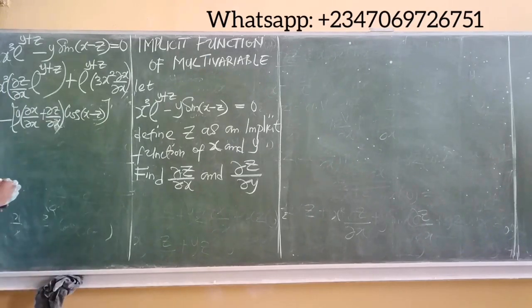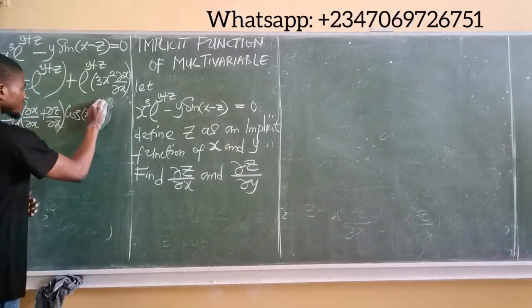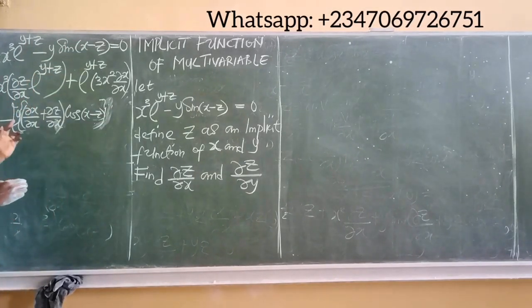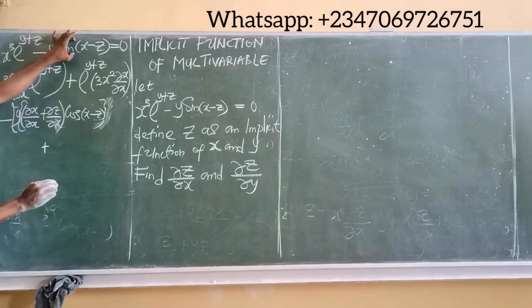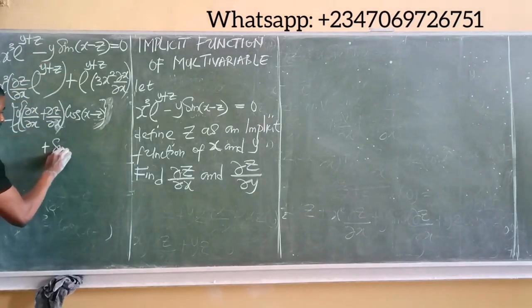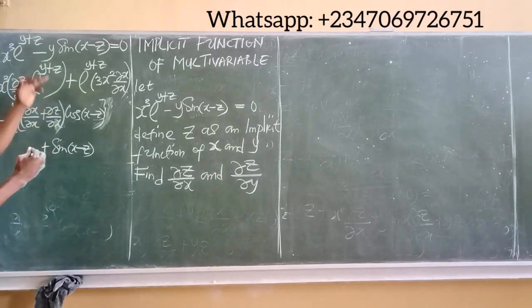All right, so next, after keeping y constant, differentiate this, you now keep what? Okay, just to segregate this, because y is multiplying everything here, and this negative sign is multiplying the entire bracket. I will bring this down a bit. So next is plus. Now you keep the trigonometric function, which is sine x minus z, and then differentiate y.